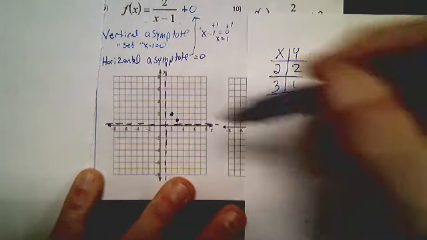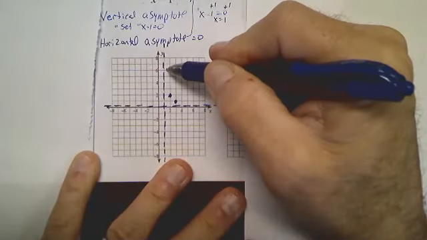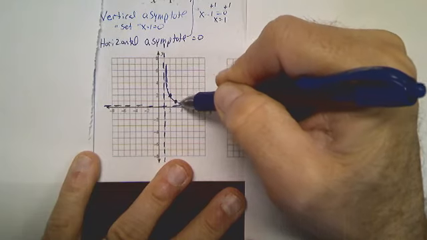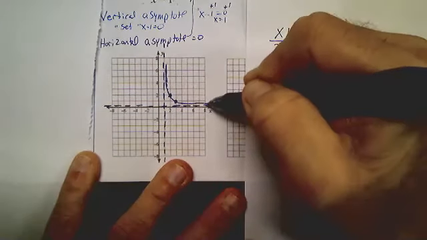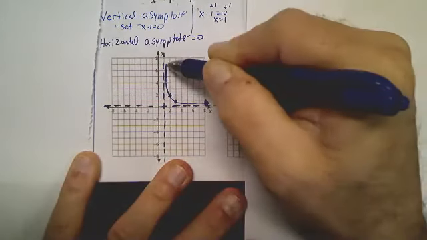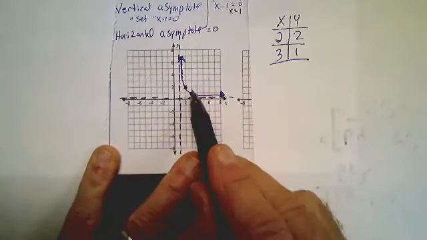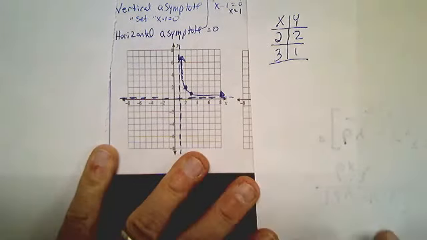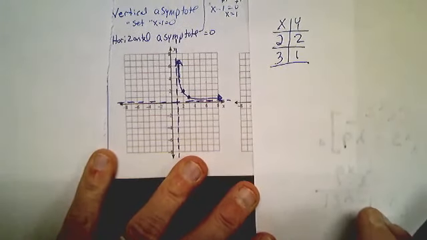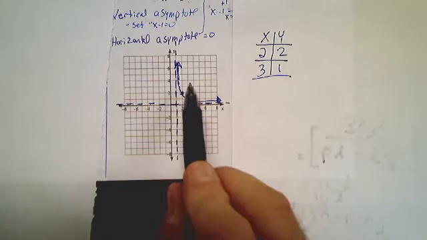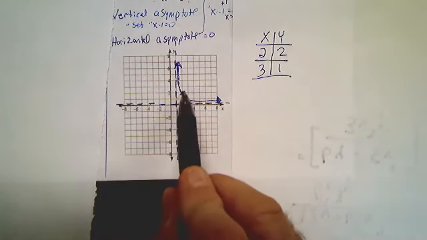That's all I need. 2 dots. Just get a picture of this in your head. The graph is going to look like this. It's going to be a little rounded bend guy like this. And it's never going to cross this dotted line here, and it's never going to cross this dotted line here. The other side is going to be the mirror image of this side.